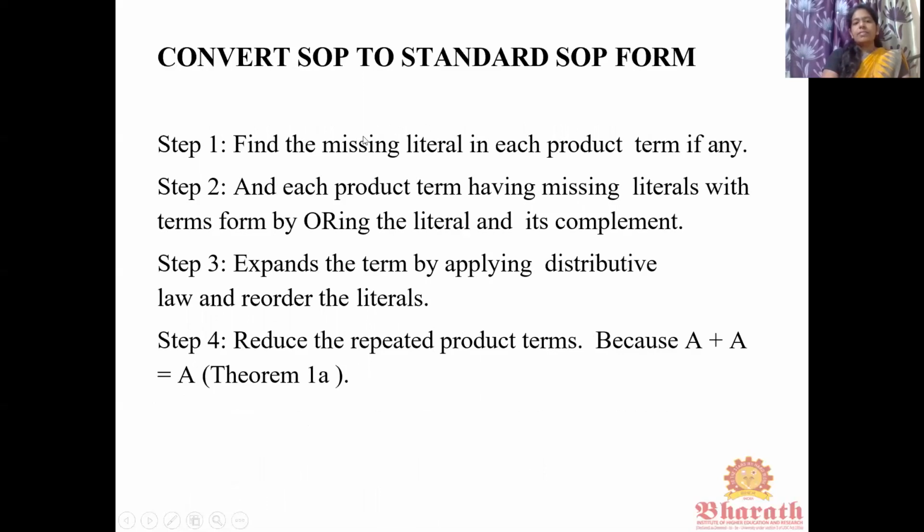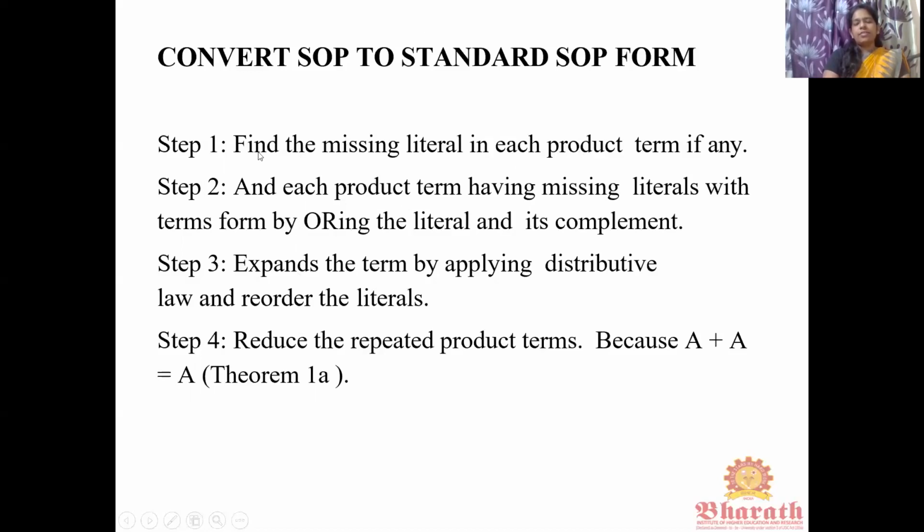Then convert SOP to standard SOP. We all know what is standard or canonical SOP. In SOP, not all the literals are present. In standard or canonical SOP form, all the literals are present. So these are the 4 steps. Finding the missing literal in each product term, so this is the first step.